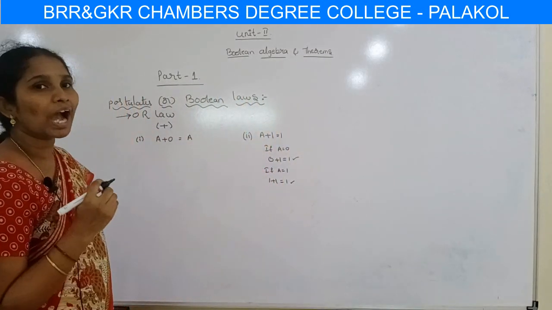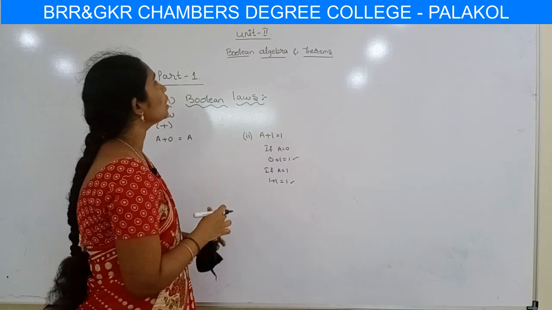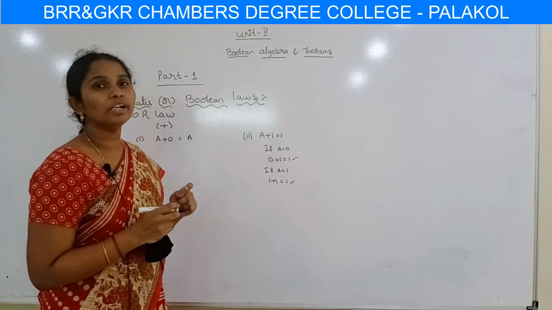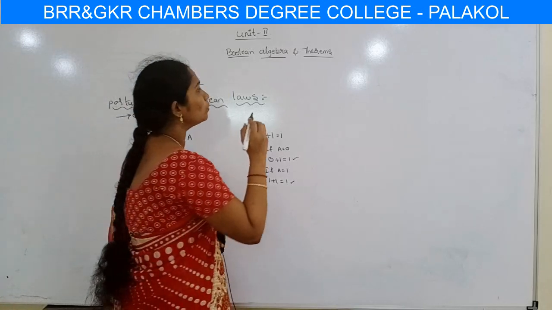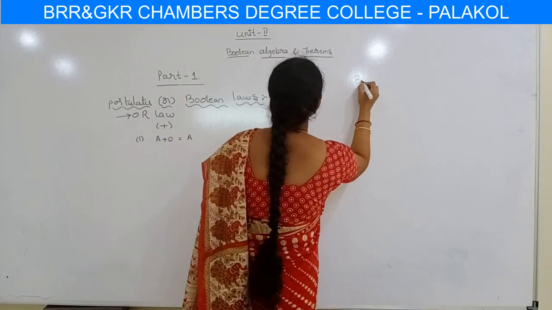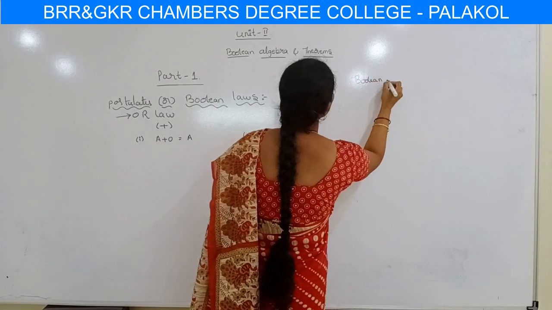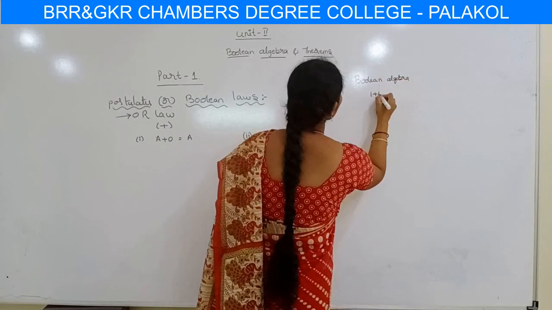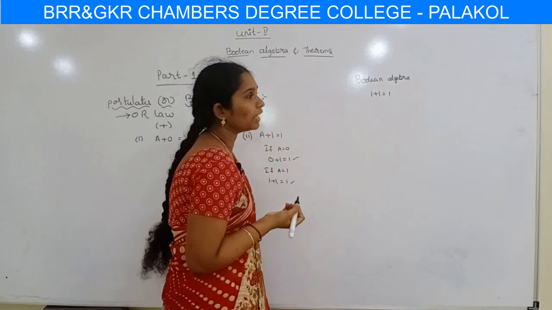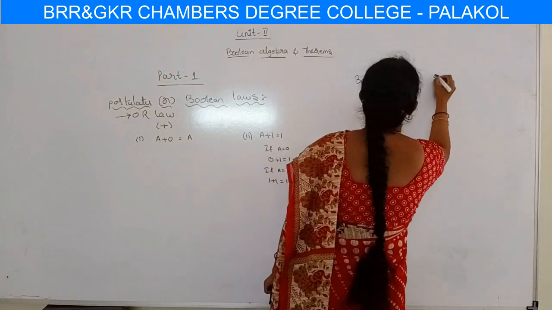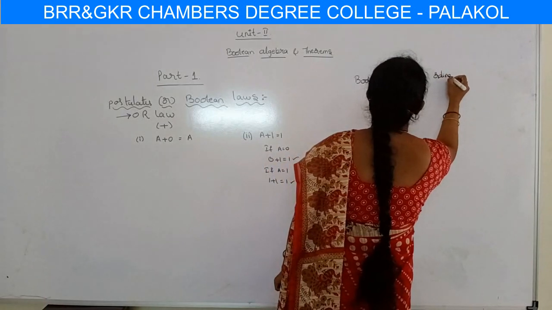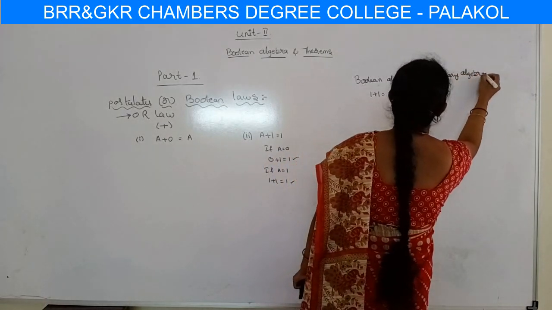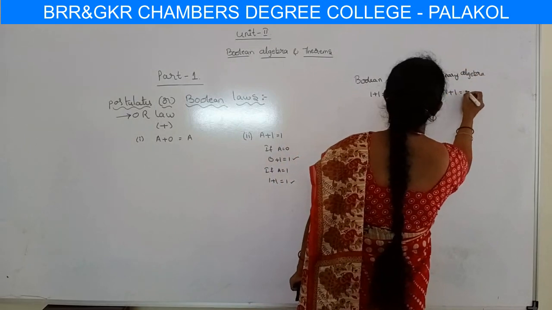One thing you have to remember is the difference between Boolean algebra and ordinary algebra. In Boolean algebra 1 plus 1 is equal to 1, but in ordinary algebra 1 plus 1 is equal to 2.